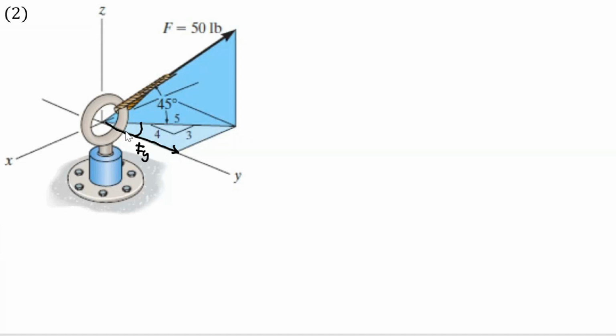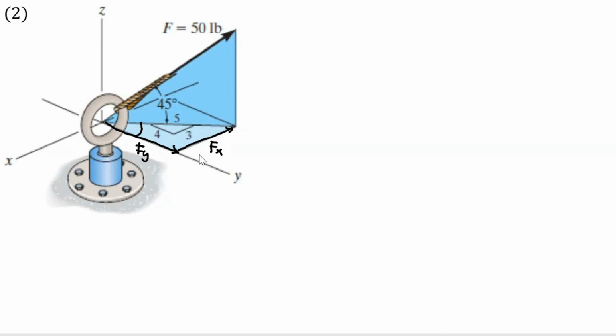This will be our Fy kasi itong vector ko is lying along Fy. And this one naman on this side, this vector is parallel to the x-axis. So this is Fx.